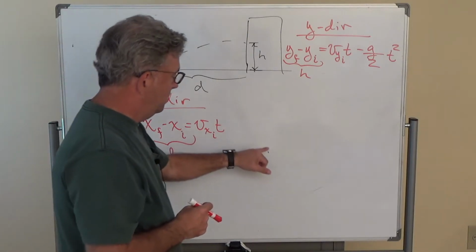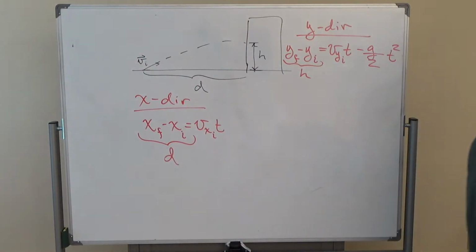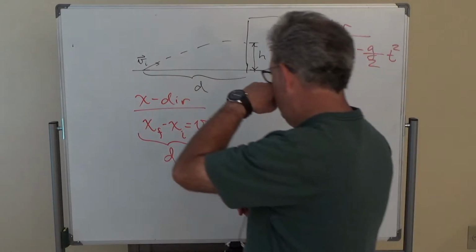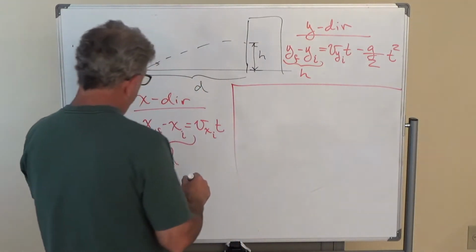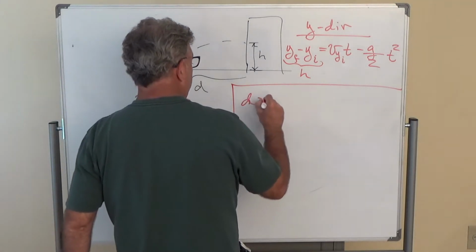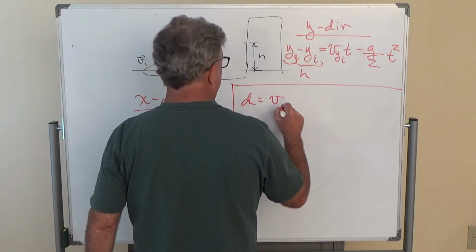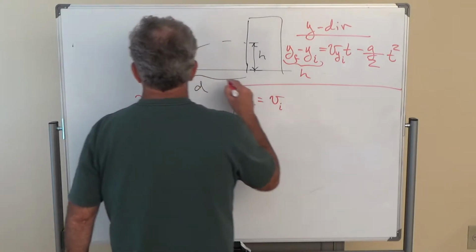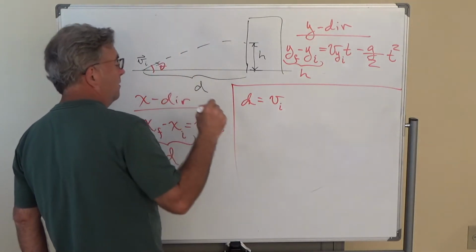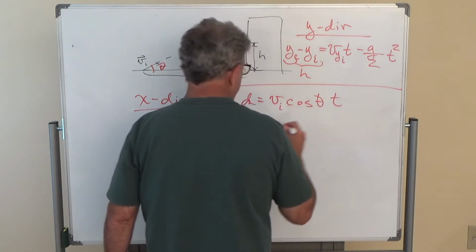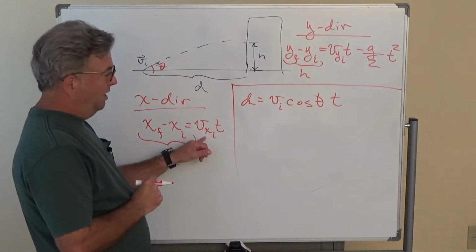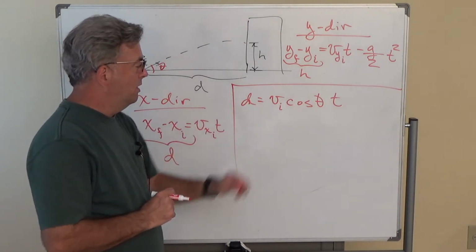To solve this, it's the same way that we've done before. So d is equal to V initial cosine theta t, this is the angle theta, because V x initial is V initial cosine theta.